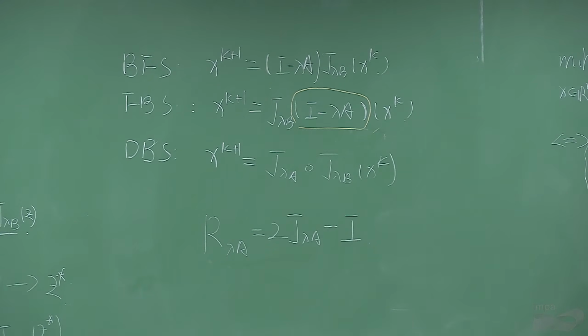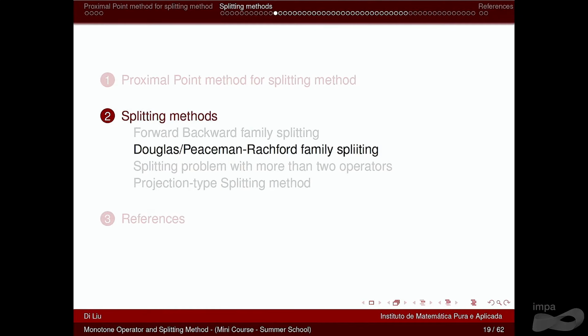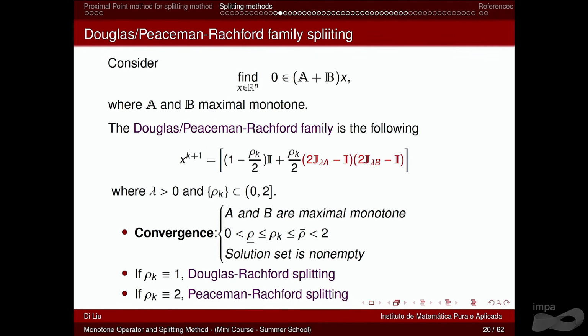The Douglas-Rachford family of splittings will answer this question. We still consider the inclusion problem of the sum of two maximal monotone operators. This family of splittings can be represented in the following way. Actually, it's a kind of convex combination, or over-under relaxation.